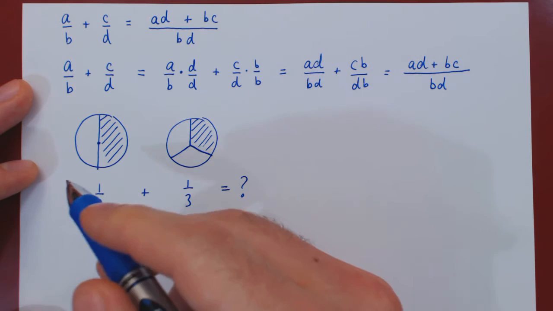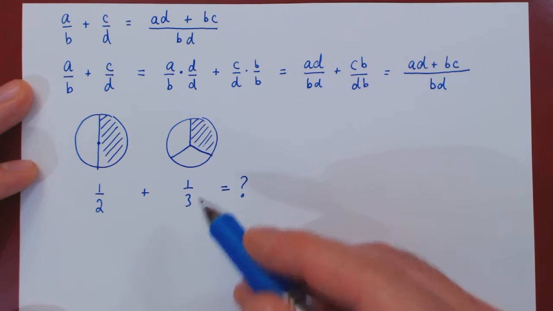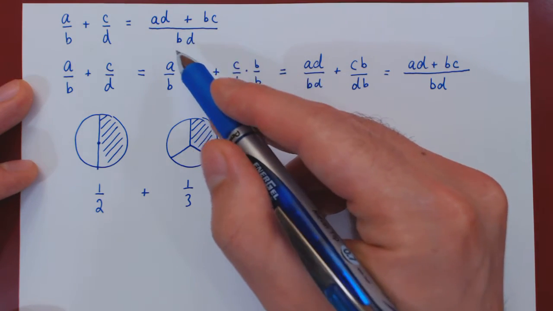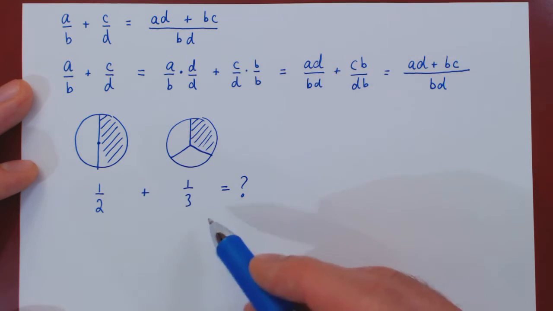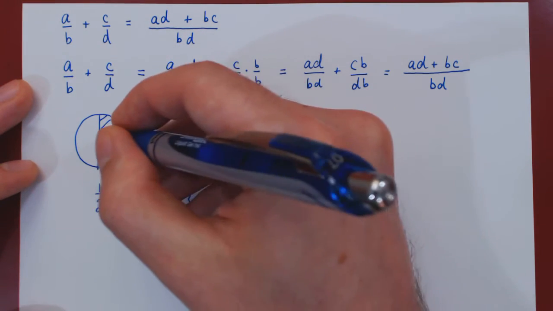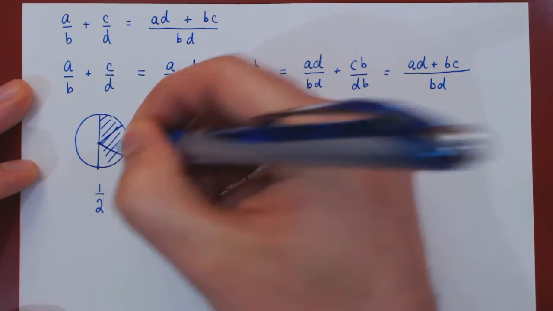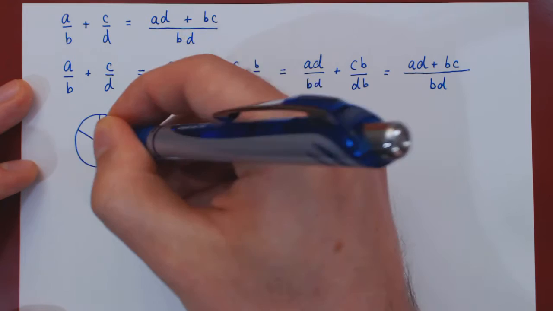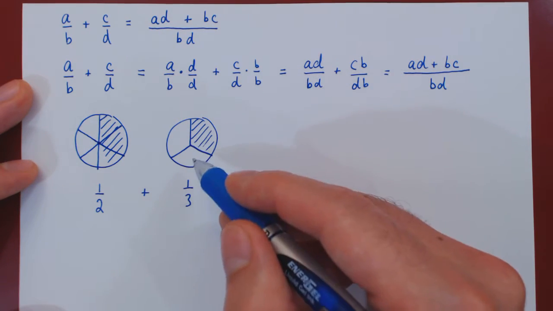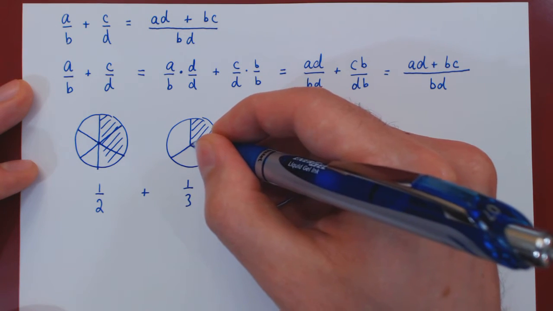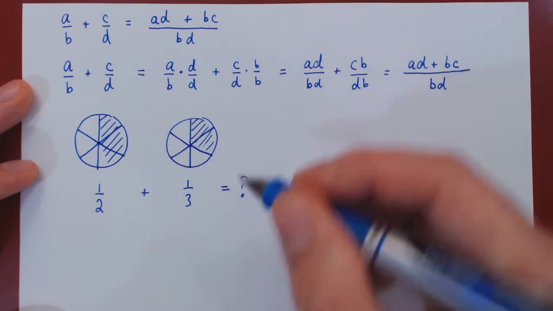And thinking of why are we doing this? Because the least common multiple of 2 and 3 is 6. If we sort of cheat here, over 2 over 3, so the result should be over 6. So if we divide now each half into 3 parts of equal size, and divide now each third into 2 parts of equal size, we haven't done anything.